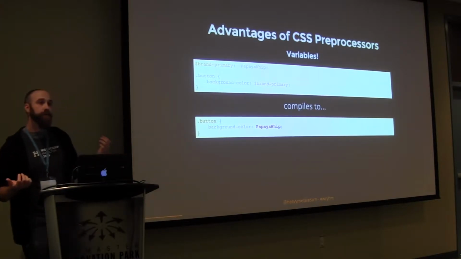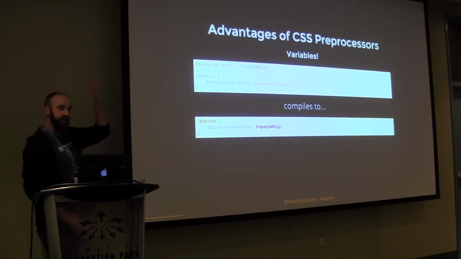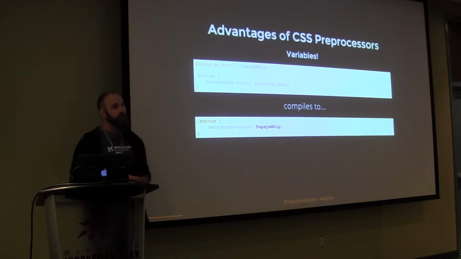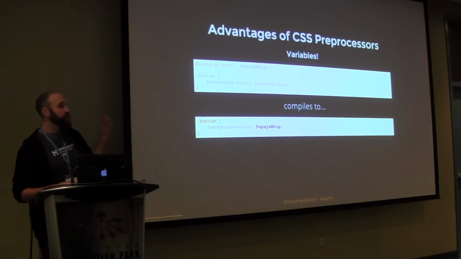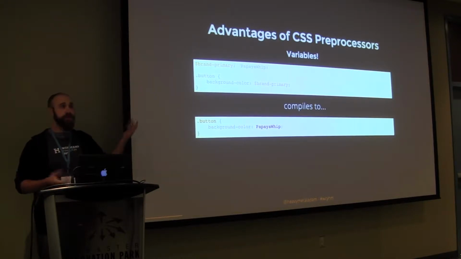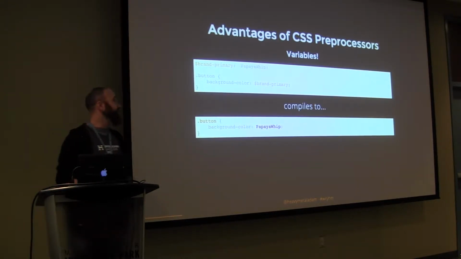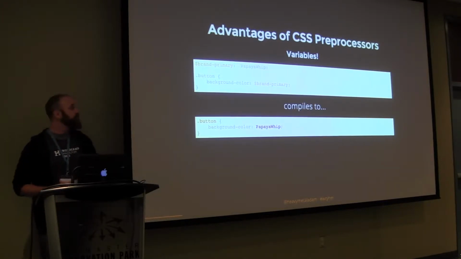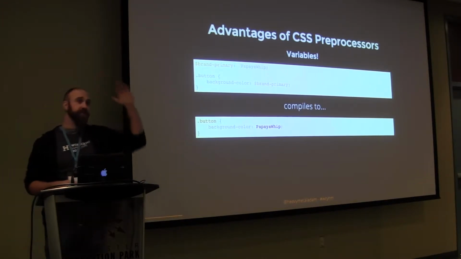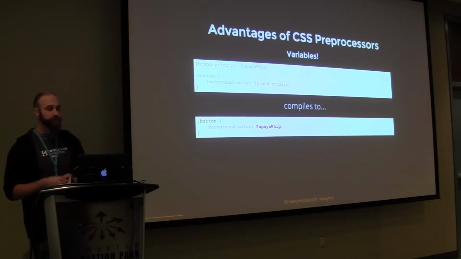That's pretty cool. So you can imagine I have my huge long CSS file, and the client decides to change their brand color from papaya whip to peach puff, also another real CSS color. I only have to make that change one time in one file, and it changes the CSS throughout. That's pretty cool.